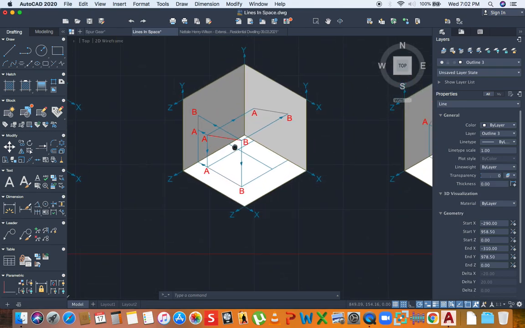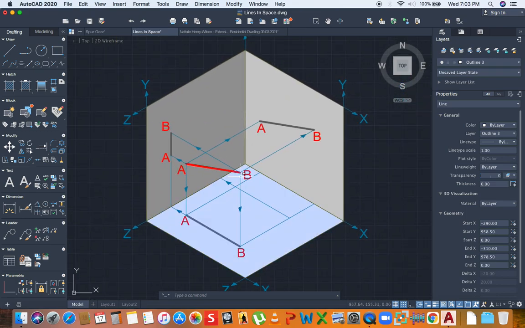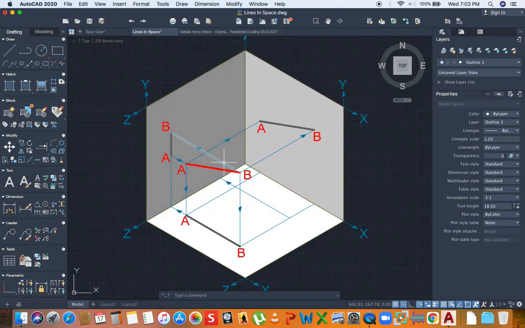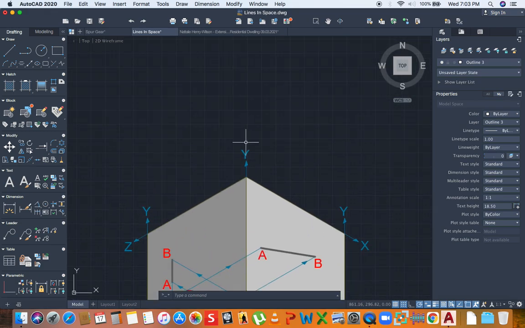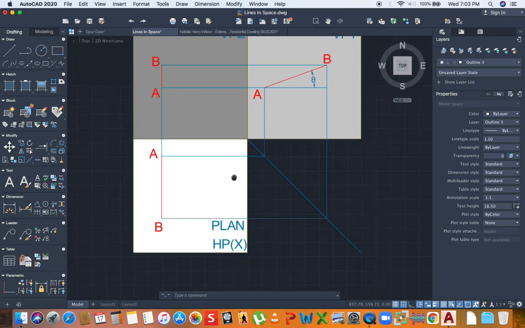Now let's look at another example. This is another line in space, and this time, this line is parallel to a line on a vertical plane rather than on a horizontal plane. So this line appears shorter than this. This line appears shorter than this. Let's look at the different views of that line.